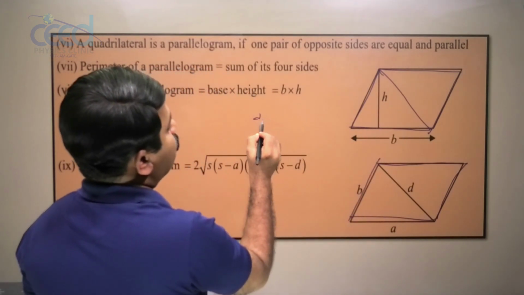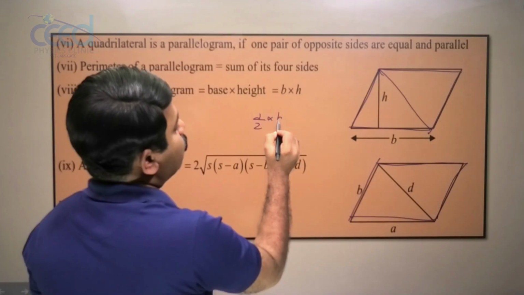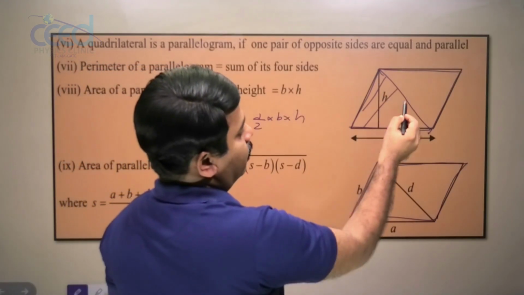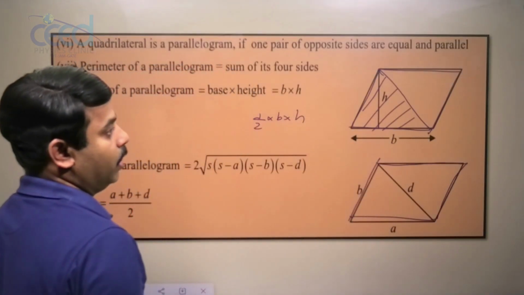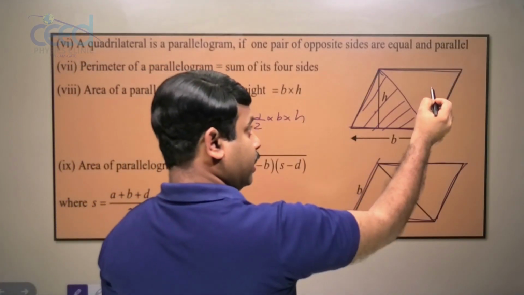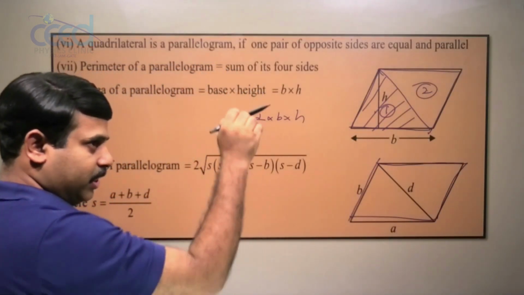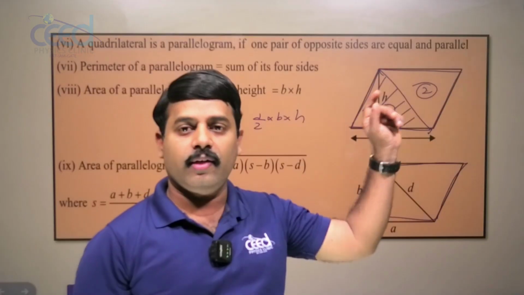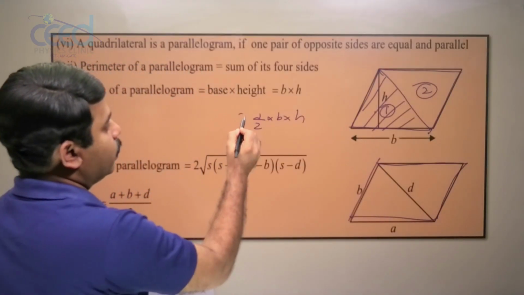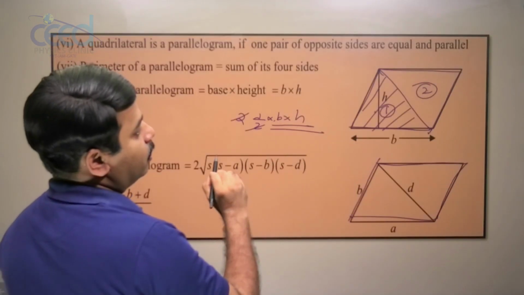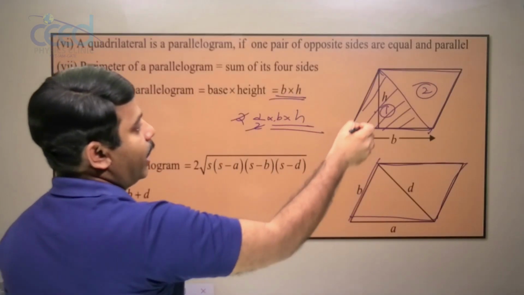Half into base into height. This triangle's area is equal to this triangle's area. This is the first triangle and this is the second triangle, because they are congruent. These two triangles are congruent, as we have seen. Then 2 times half, the 2 cancels, and we get B into H, base into height.